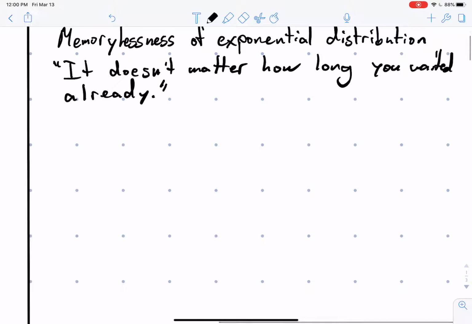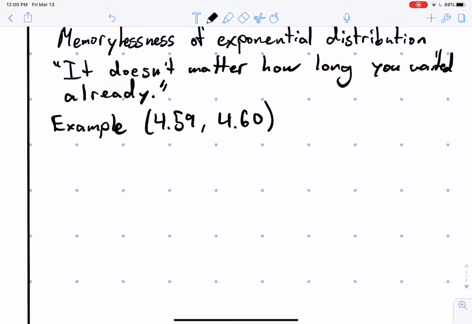So here's the example. In your book, this is 4.59, 4.60 in Navidi 5th edition.